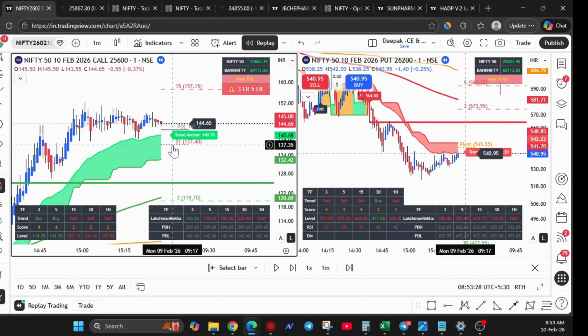Now the pre-market is settled somewhere around 25,888. So let's round it off. The pre-market settlement price is at 25,888, so we will keep 300 points below, 25,600.